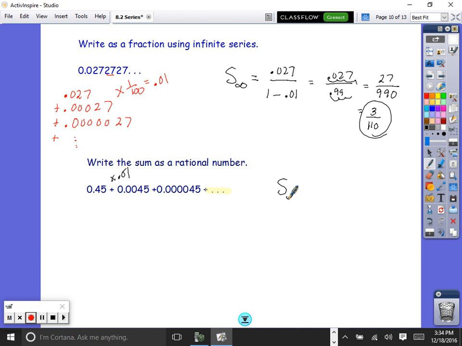So an infinite geometric series, the first term, 0.45, divided by 1 minus the ratio, which was 0.01, equals 0.45 divided by 0.99. Move my decimal 2 places. 45 divided by 99. Again, 9 goes into there, and I get 5/11ths.